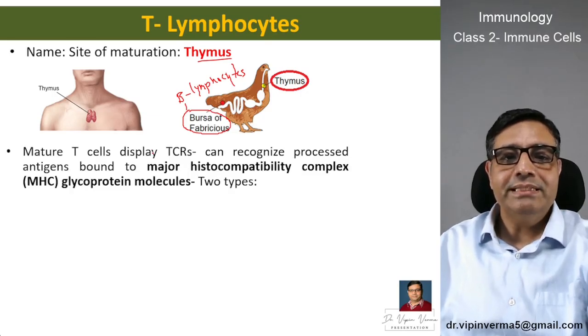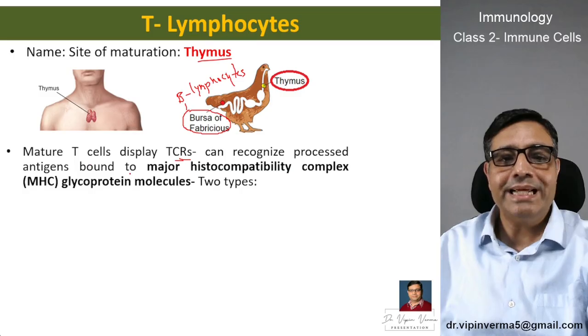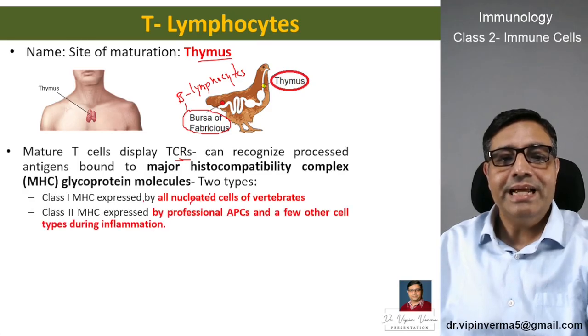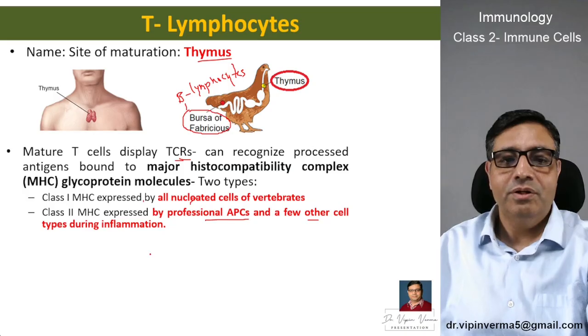Mature T cells display TCRs, or T cell receptors, which can recognize processed antigens which are bound to major histocompatibility complex glycoprotein molecules. And we have seen two types. Class 1, as we discussed, is expressed by all nucleated cells, and class 2 is expressed by professional antigen presenting cells and a few other cells during inflammation.